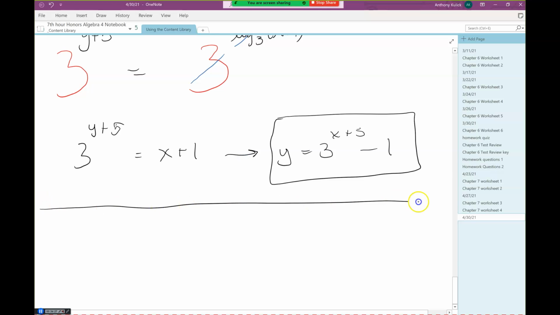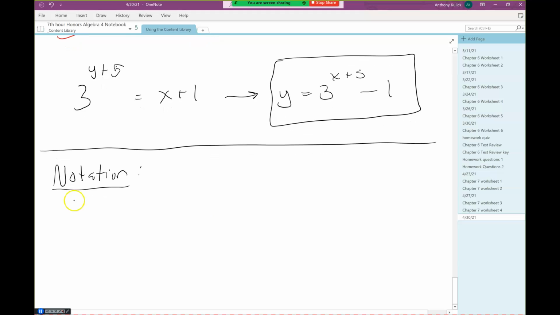All right. A little logarithm notation. There are 2 special logarithms. The first one is called the Common Logarithm, and that is log base 10.